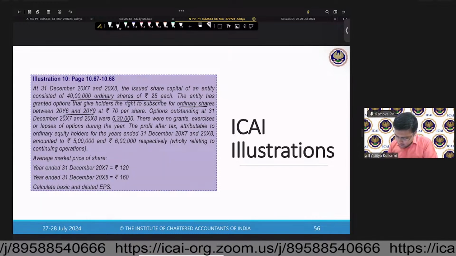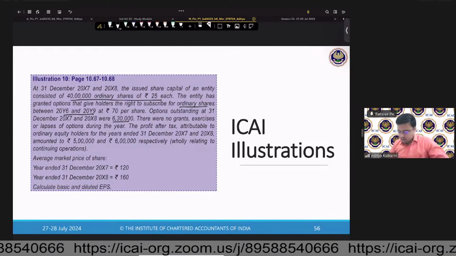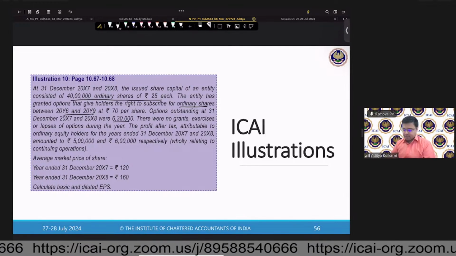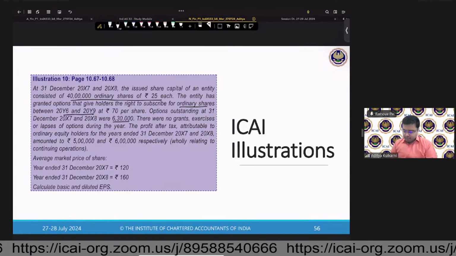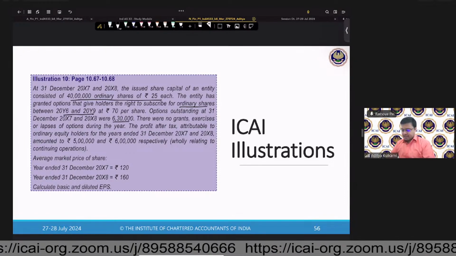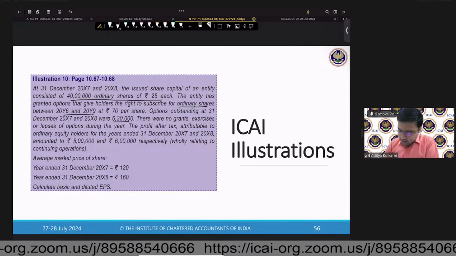There were no grants, exercises, or lapses of options. The profit after tax attributable to ordinary equity shareholders amounted to 5 lakh and 6 lakh respectively. Average market price of the share is 120 year ended X7 and 160 year ended X8. Calculate the basic and diluted EPS.